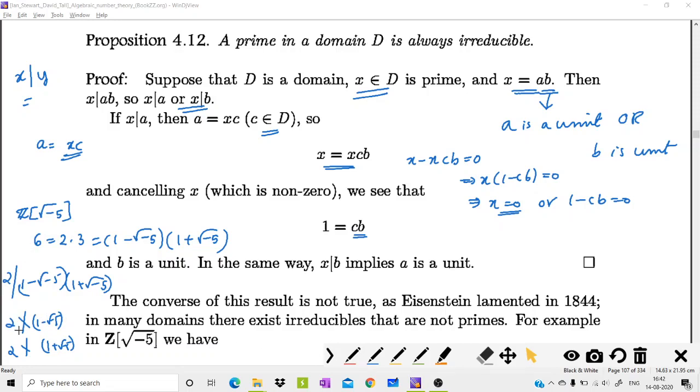So that is not possible here because 4 does not divide 6. So we can say that 2 is an irreducible in Z of root minus 5, but 2 is not a prime. So 'every irreducible is a prime' will not be true in general. We will discuss later what structures make irreducibles coincide with prime elements.